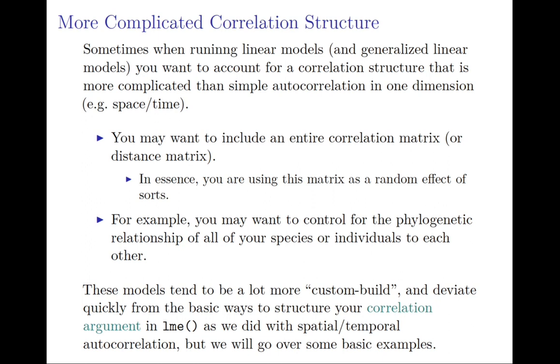So for example, you may want to control for the phylogenetic relationship of all of your species or individuals to each other. And these models tend to be a lot more custom built, and they deviate quickly from the basic ways to structure your correlation arguments in LME that we've talked about in the past, and how we did this with spatial and temporal autocorrelation, but we're going to go over some basic examples.